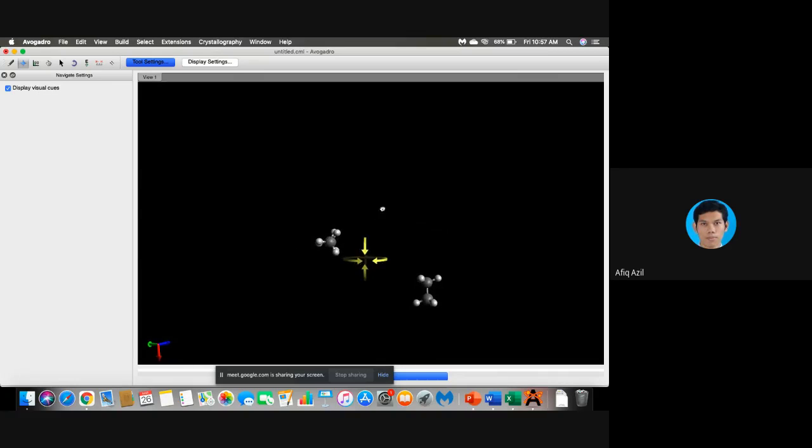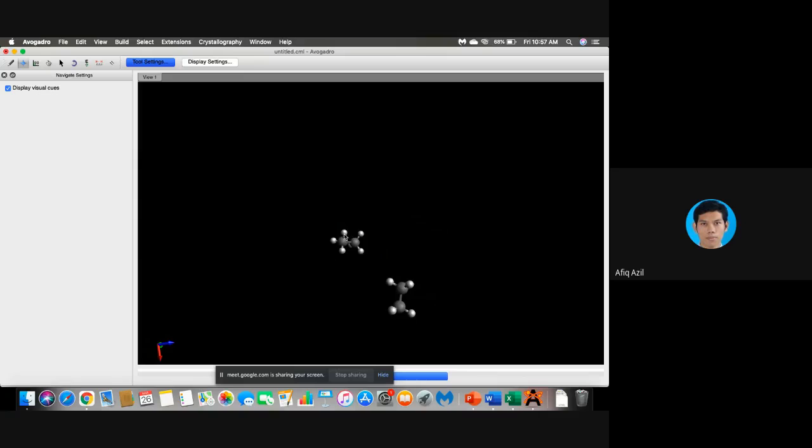That's why the name is eclipsed, like the sun eclipse where the moon is covering the sun's face. The front carbon is overlapping the back carbon with all of the hydrogen.